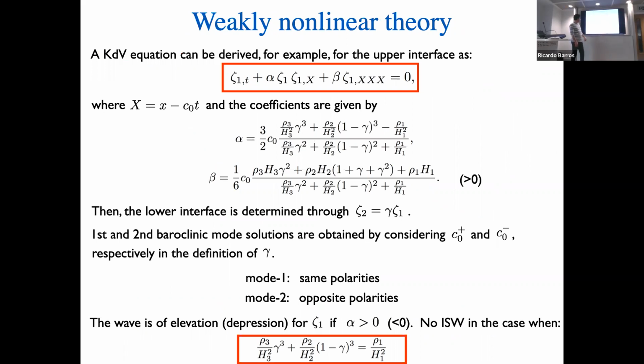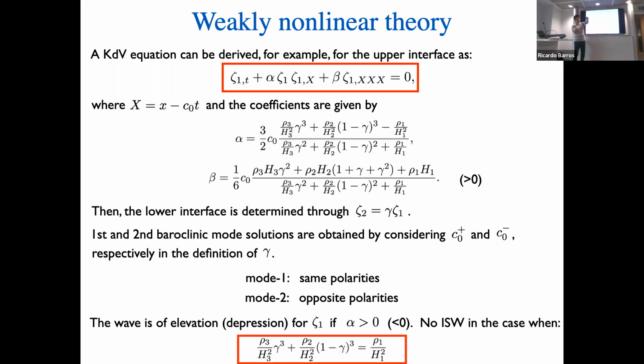And then what you say is that the first and second baroclinic modes, this is what I said. In the expression of gamma, if you replace C naught by C naught plus, you get the first baroclinic mode waves. If you put C naught minus, you get the second baroclinic waves. What you find is that mode 1 always has the same polarity, and mode 2, opposite polarity.